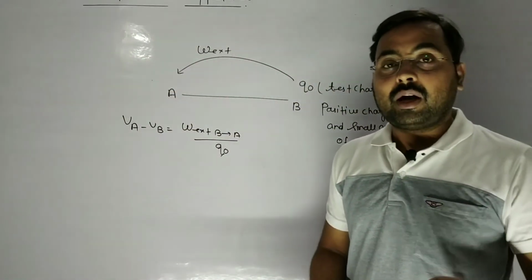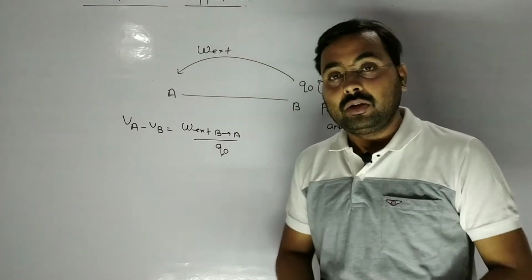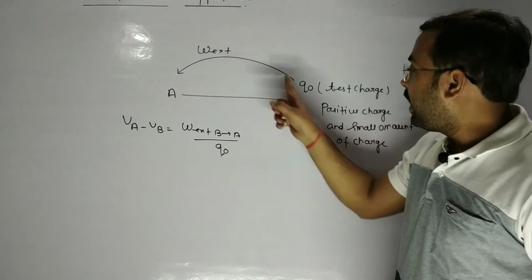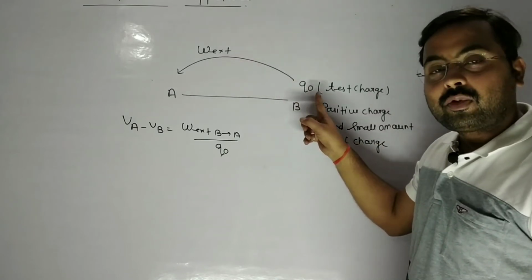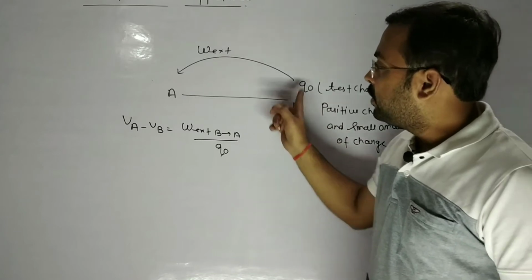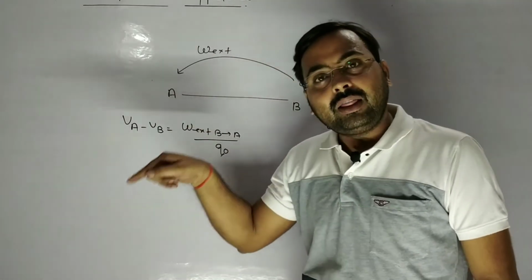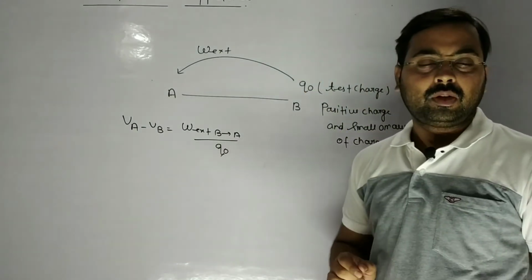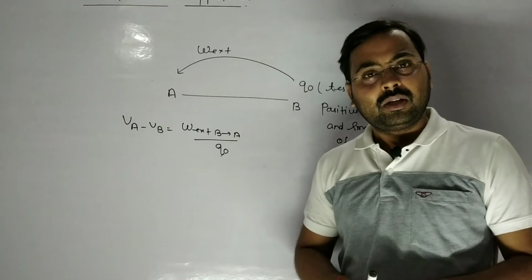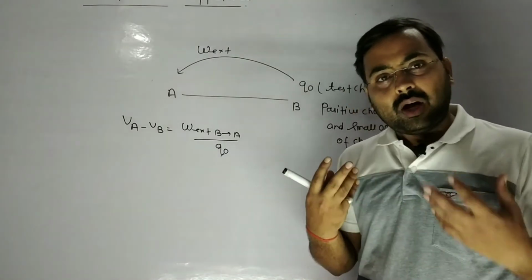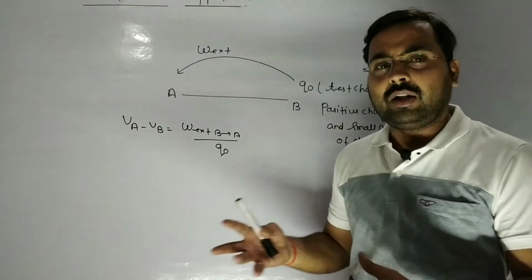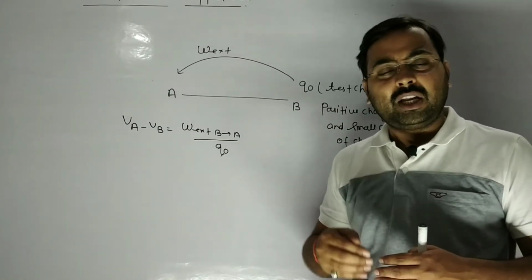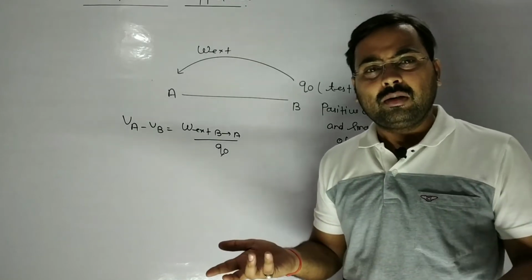The work done by an external agent to carry a test charge from the first point to the second point in the field is called potential difference. When I say potential difference, you also mean electric potential difference. Since the word is repeated many times, it is also called potential difference.